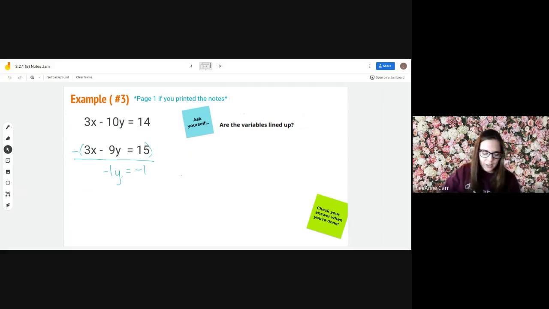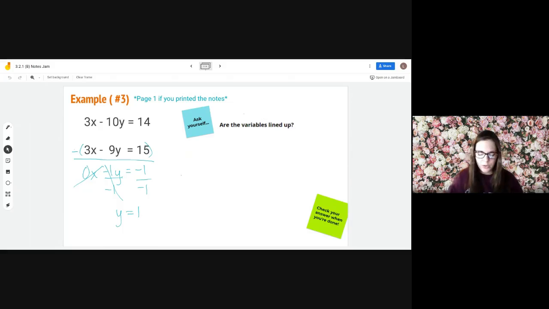And then finally, 3 minus 3 is just going to give me 0 x's. So yay, I've gotten rid of my x's. I now just have a one-step equation where all I have to do to solve is divide by negative 1 to give me my answer of y equals 1.